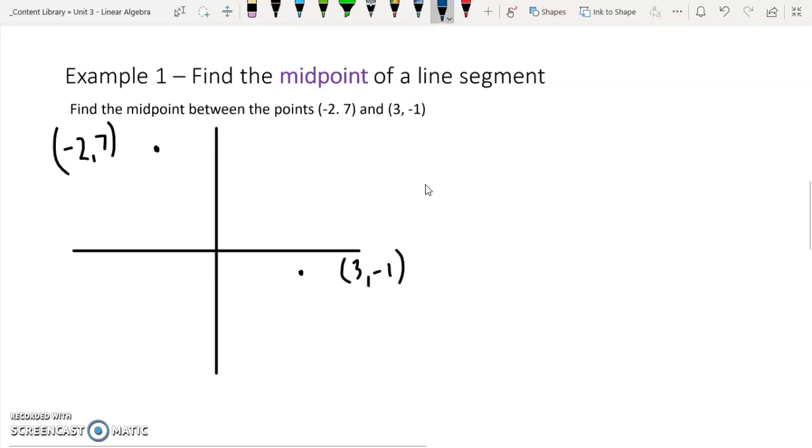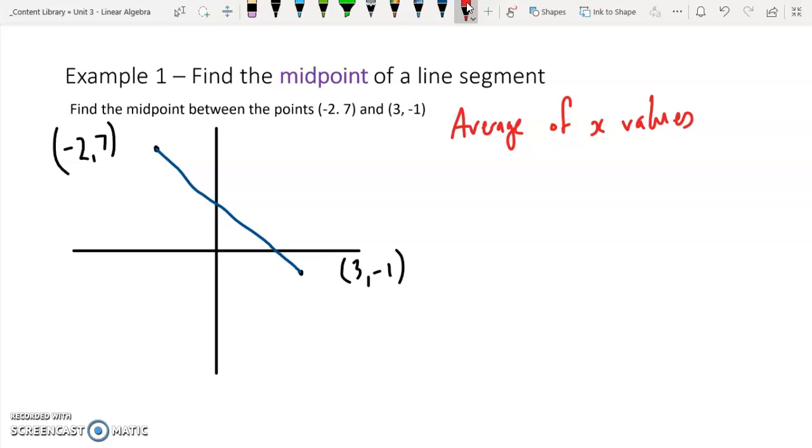We want to find the midpoint, which is somewhere around here. To do that, we need to find the average of the x values and the average of the y values. To find the middle, you find halfway.